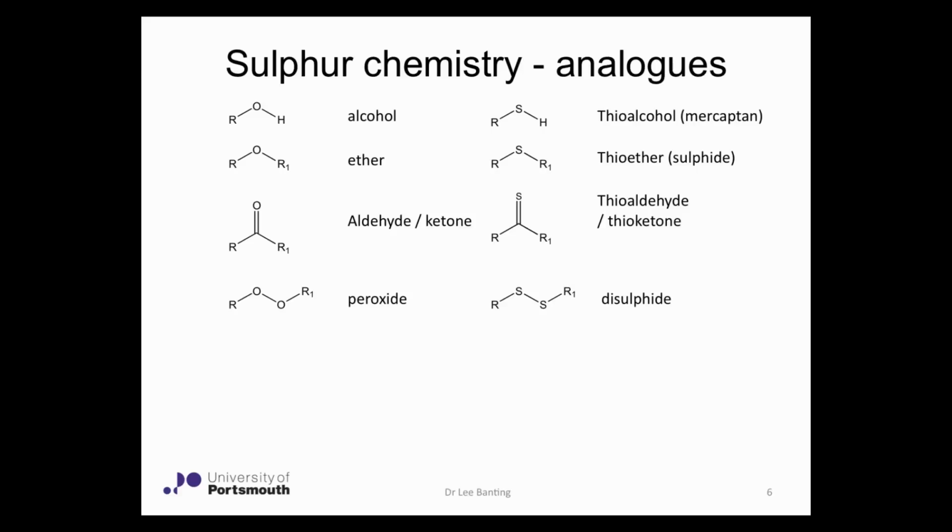Peroxide and disulfide. Now peroxides you don't come across that often in chemistry before you come to university, other than the peroxide linkages where R and R1 are hydrogen, for instance hydrogen peroxide, and the disulfide system exists, and the organically substituted disulfide system exists.